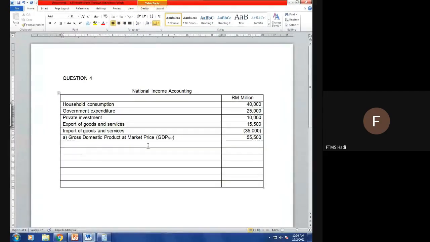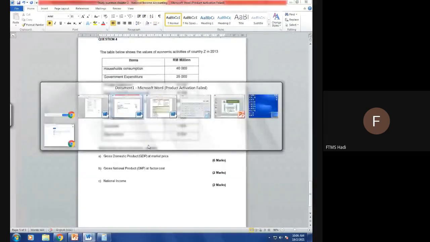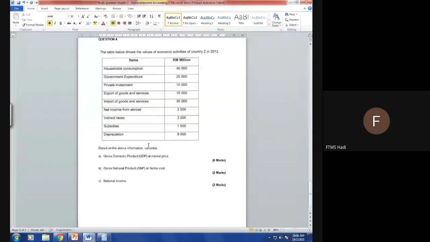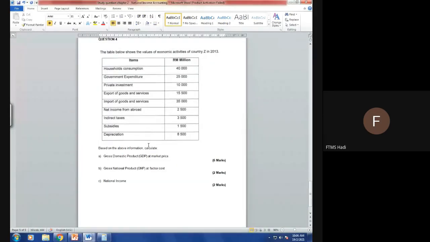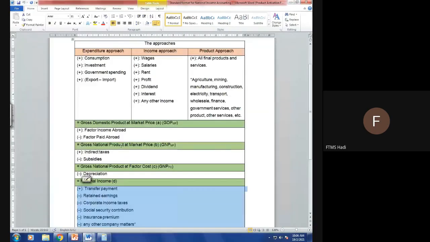The question says net income from abroad is 2,500. So you will get the answer for GNP at market price, gross national product at market price.